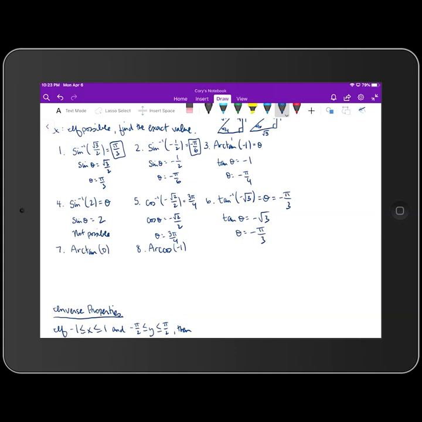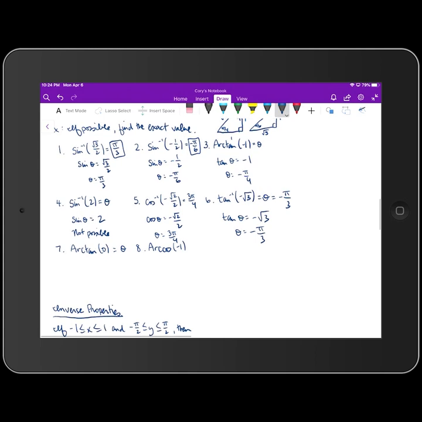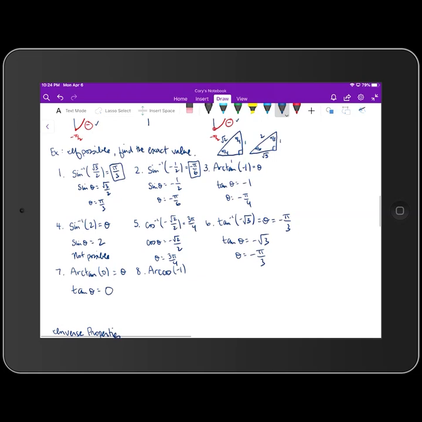For 7, the arctangent of 0. We want to set that equal to some angle measure theta. Again, when we write that as an equivalent trig equation, we want to find the tangent of some angle theta that is equal to 0.